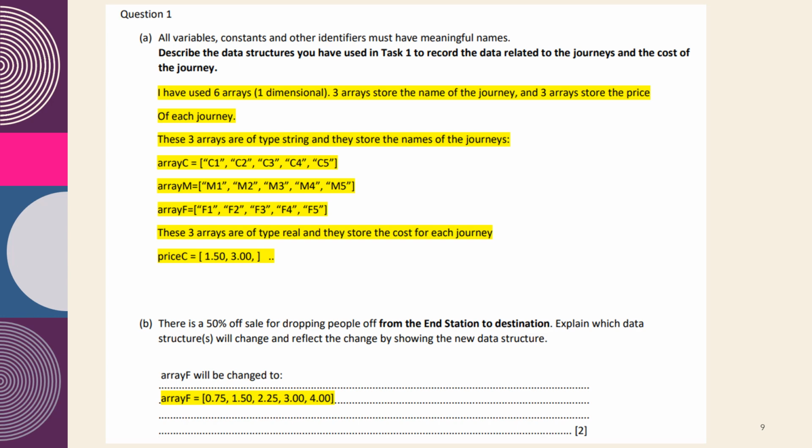Explain which data structures will change and reflect the change by showing the new data structure. So basically the last part, the F part, is going to change. So array F will now be 50% off instead of 1.5, 3, 4.5, 6, and 8. Array F will now equal 0.75, 1.50, 2.25, 3.0, and 4.0.